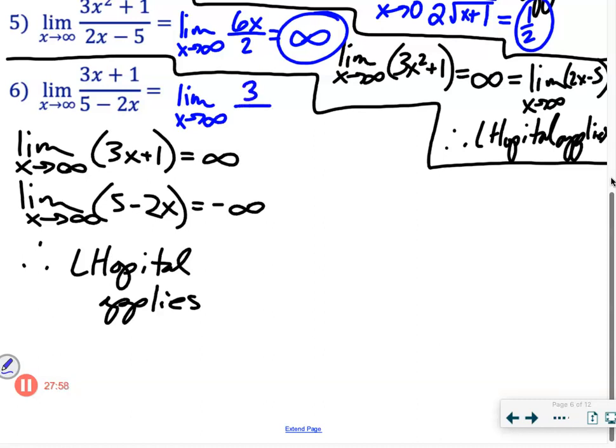What's the derivative of the bottom? Oh, what's the limit of 3 over negative 2? 3 over negative 2. There we go.